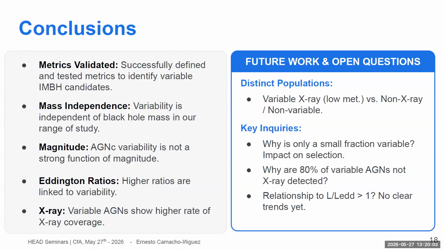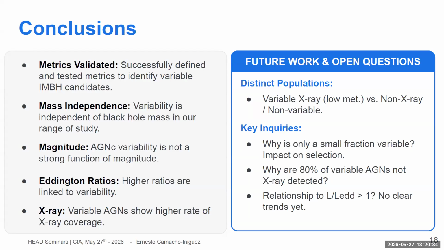We do find slightly larger Eddington ratios linked to variability, and we also find a larger fraction of X-ray detections for our sources that are variable in comparison to the ones that are not. For future work, as I said in the past slide, we would like to compare different populations, for instance, the variable X-ray detected versus the X-ray detected but classified as non-variable.